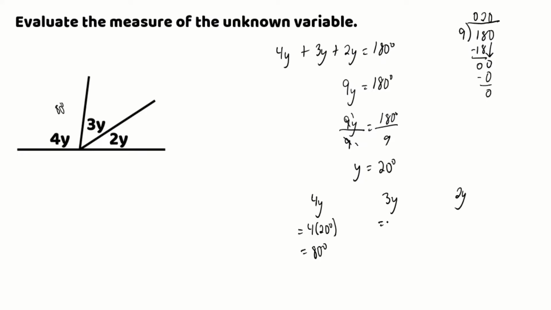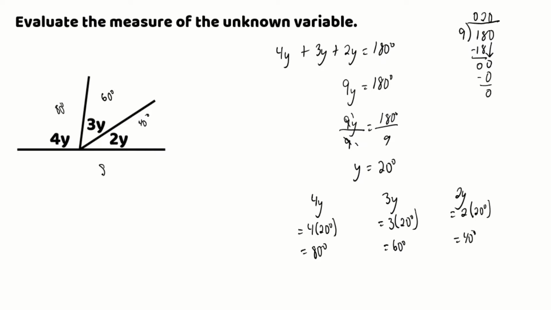And now 3 will be multiplied to 20 degrees, which will equal 60 degrees. So our 3y is 60 degrees. And now my 2y, so our 2 will be multiplied to 20 degrees to equal 40 degrees. So our 2y is equal to 40 degrees.